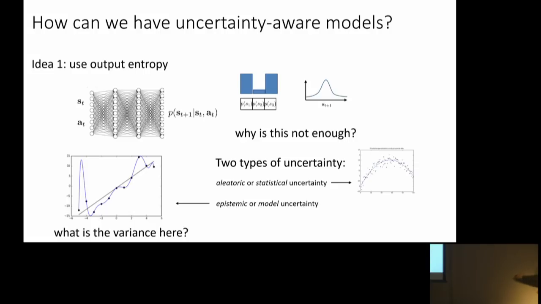Now, this model and this model and this model, they're all just as likely. And they all fit the data perfectly. But I don't know which one is the right one. So model uncertainty or epistemic uncertainty is simply a different kind of uncertainty. It's not uncertainty about the data point given the input. It's uncertainty about the model itself.